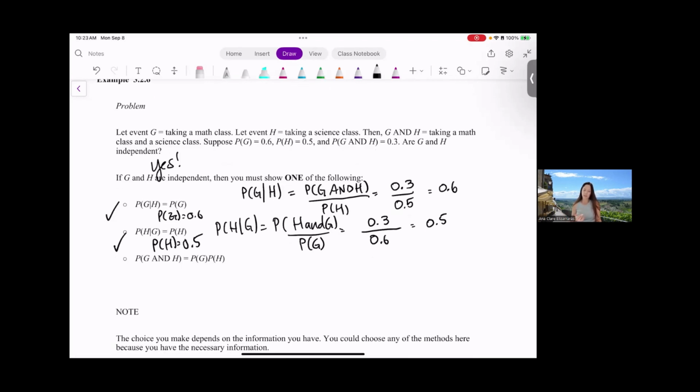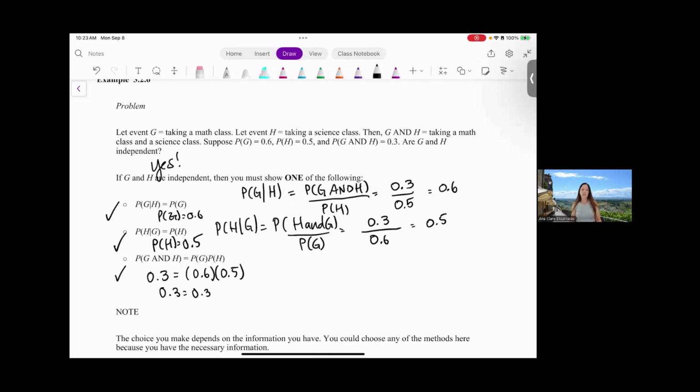Then, in order to calculate the last one, the probability of G and H is 0.3. That should be equal to 0.6 times 0.5, 6/10 times 5/10. That is 30 hundredths. That is the same. Excellent.